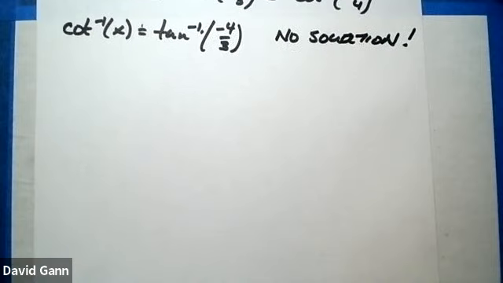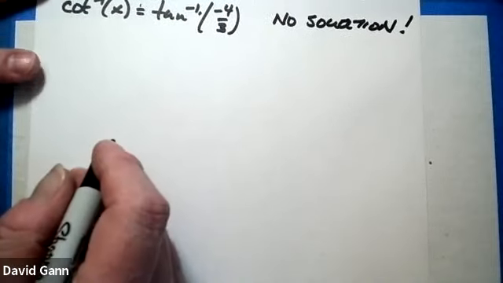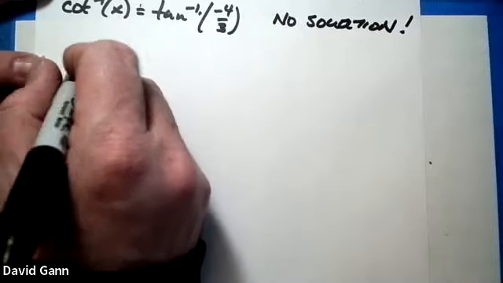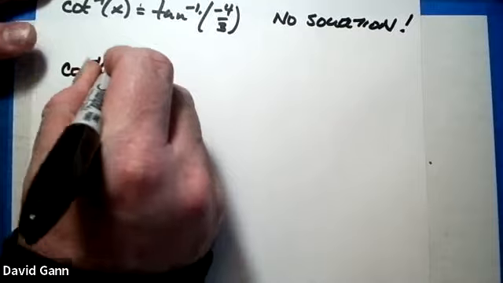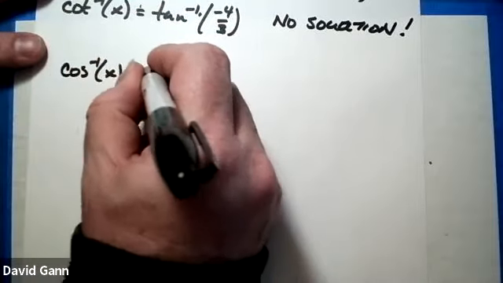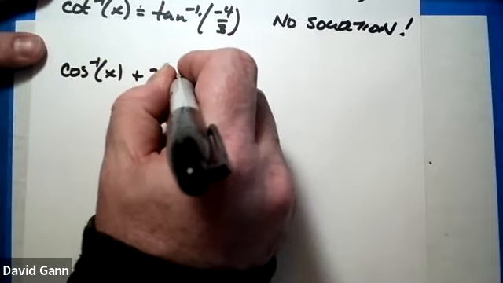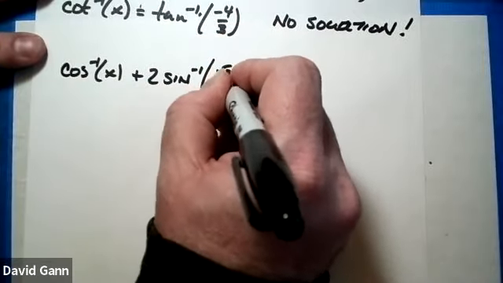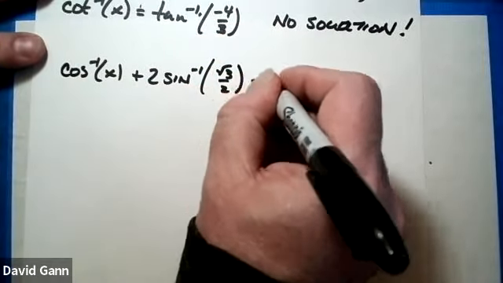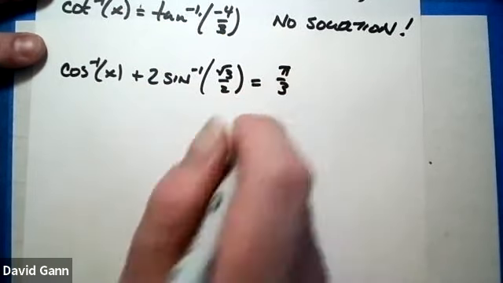Okay, so let's beef this up a little bit and look at one that has maybe a couple of functions. So how about inverse cosine of x plus 2 times the inverse sine of square root of 3/2 equal to pi/3.